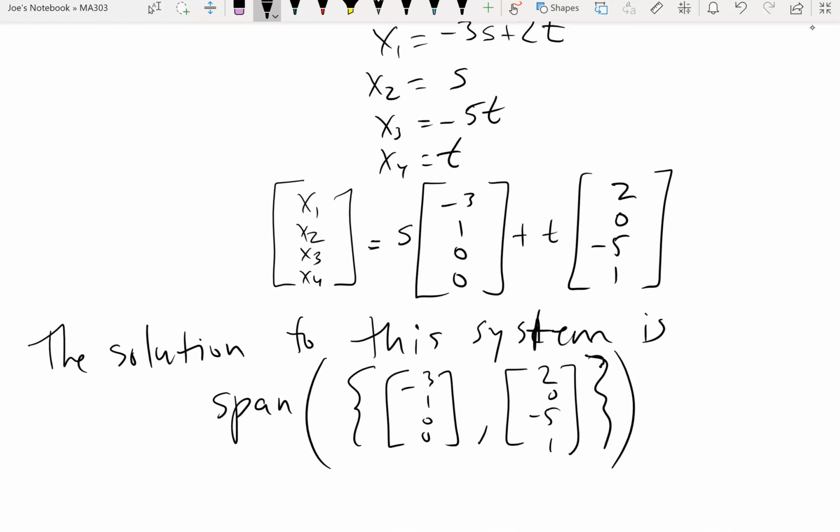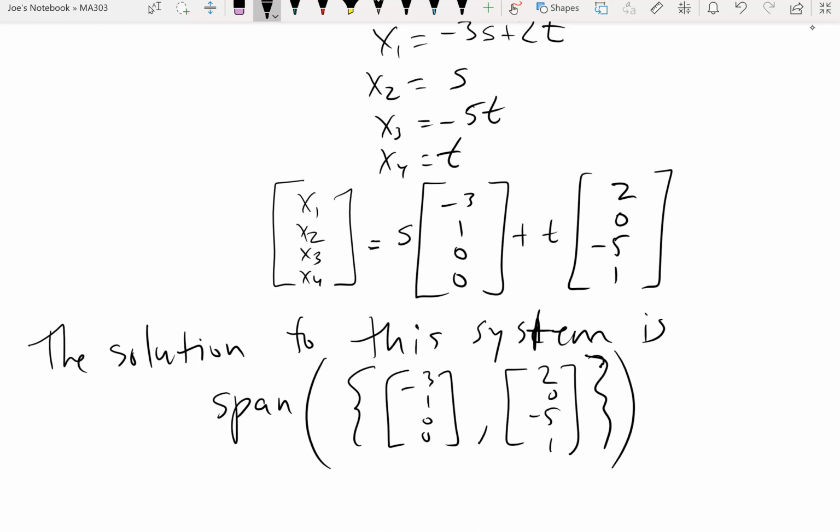What's the bigger space where these solutions live, by the way? How many components do each of these vectors have? How many different components do the vectors have? 4, so where do they live? Or where do you think of them living? Yeah, R4, right? Because all of their entries are real.